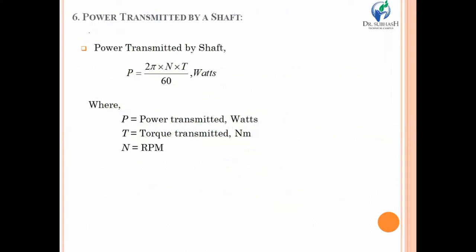After that, point number 6 is the power transmitted by a shaft, and this equation is very familiar to every one of you, because it comes in first year degree engineering subject, basics of mechanical engineering, up to the end of your graduation. To calculate the power transmitted by a shaft, it becomes simply 2 pi NT divided by 60.